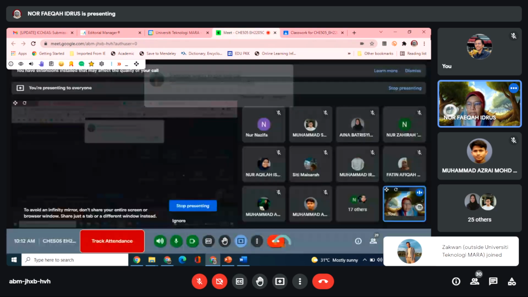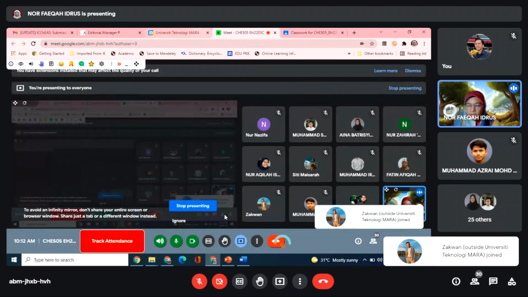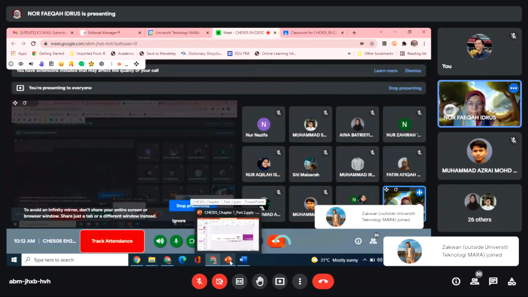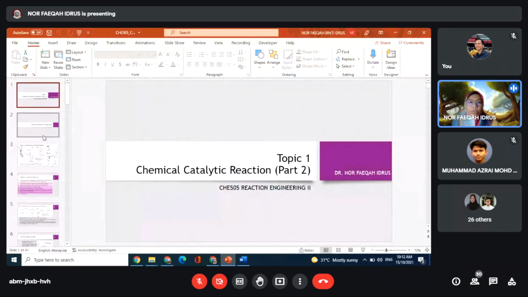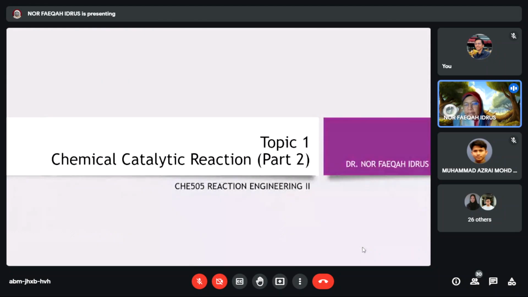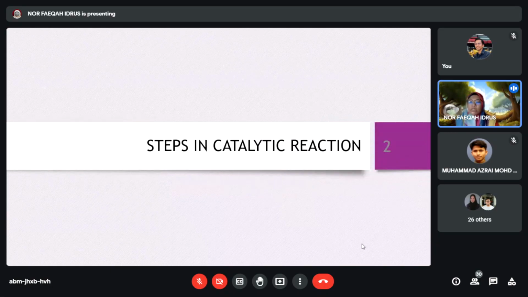Okay, then right, so we continue with the lecture. About the chemical catalytic reaction, first, before we go through the derivation of the reaction rate, we look at the steps that are involved in catalytic reaction.